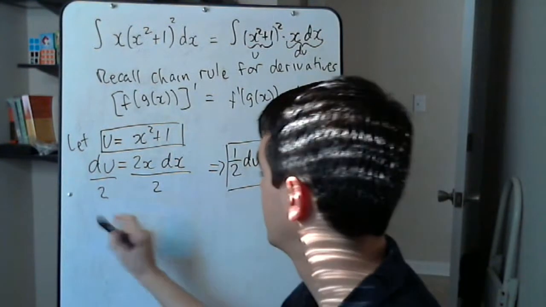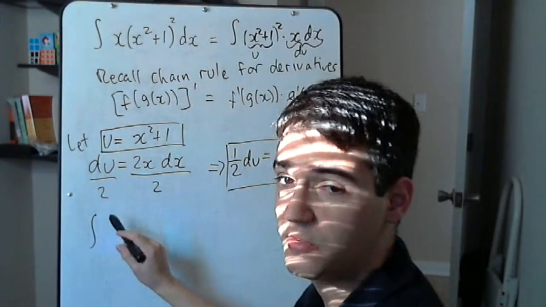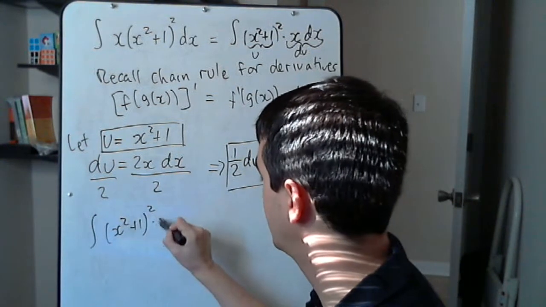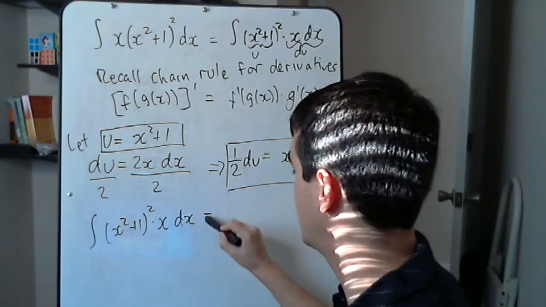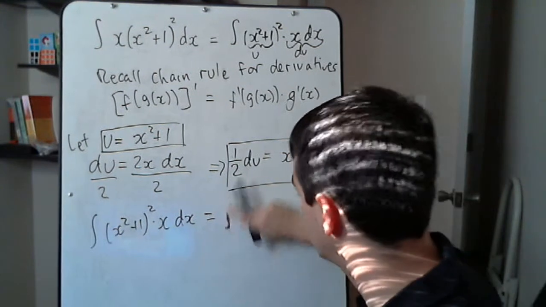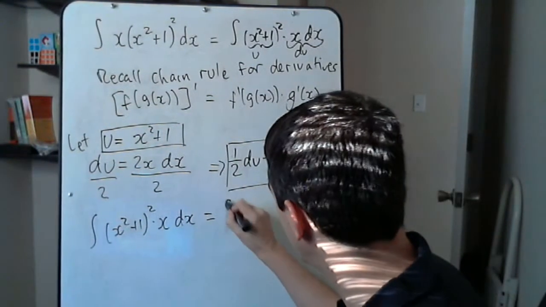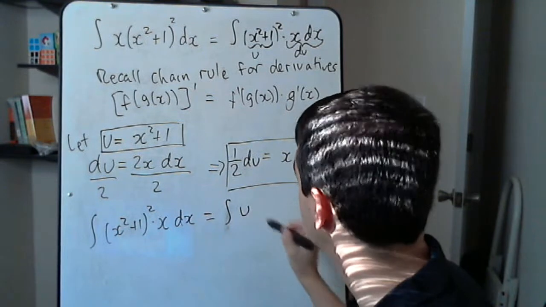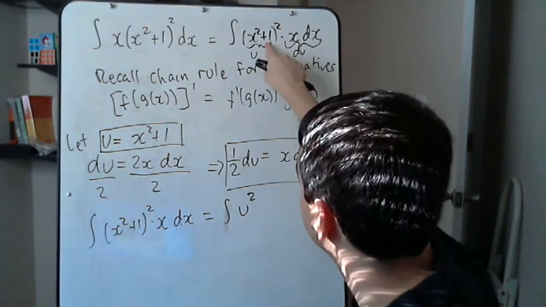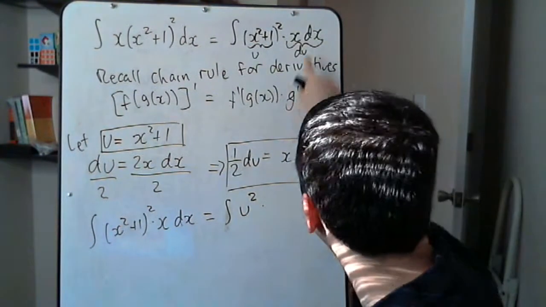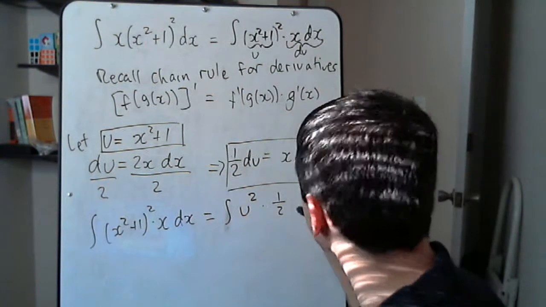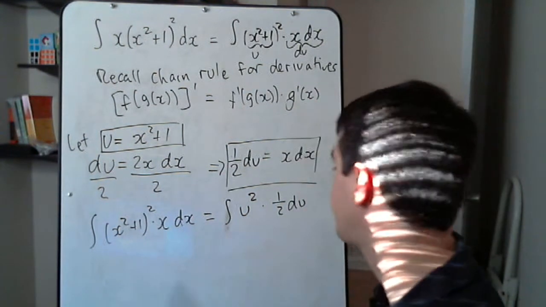So it goes from the integral of (x squared plus 1) squared times x dx, and we can now make the substitution. We get the integral of u squared, because we make that substitution, times, and x dx is now going to be 1/2 du.